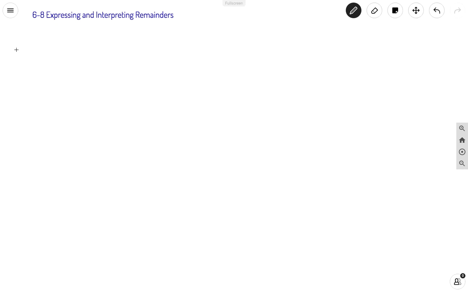So our first story problem says 3 students share 13 sticks of gum. How many sticks of gum does each student receive?